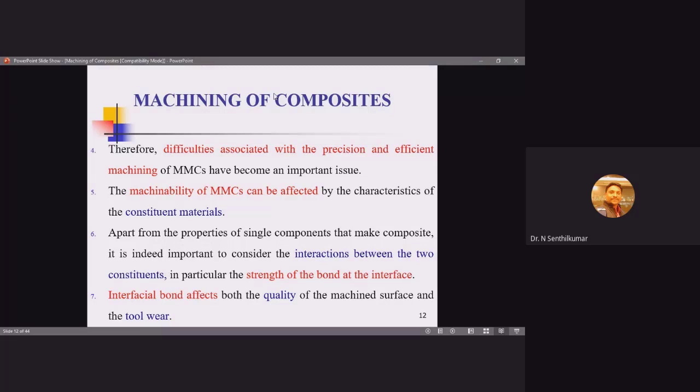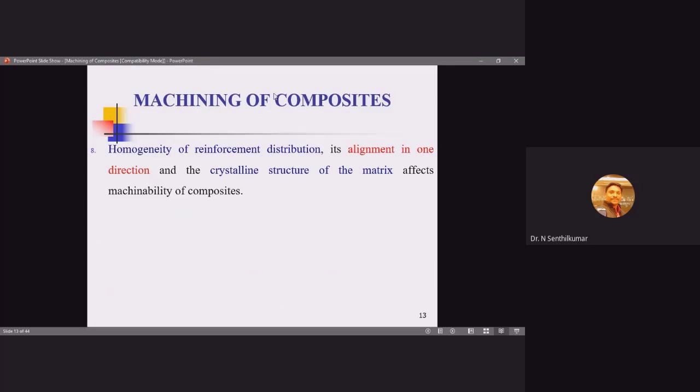If I have a higher interfacial bond, then the mechanical strength will be good, but it is really tough to remove material and the tool wear will be high. If the tool wear is high, obviously the surface finish will be worse. So some sort of trade-off has to be maintained between them.